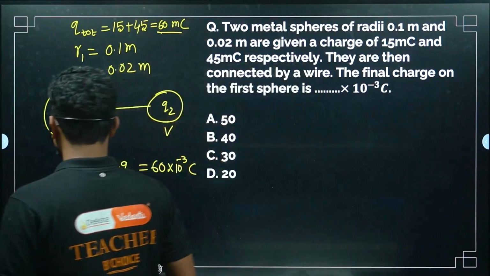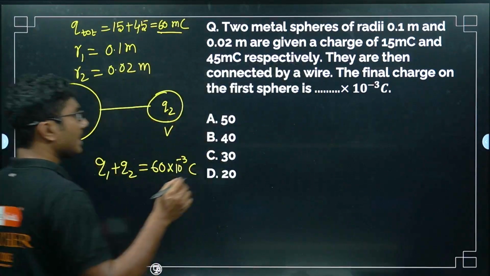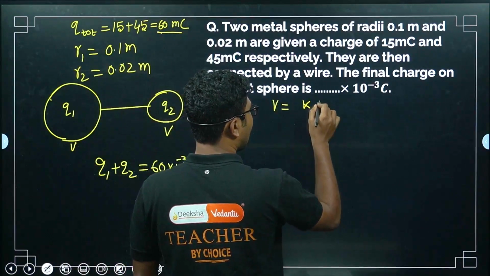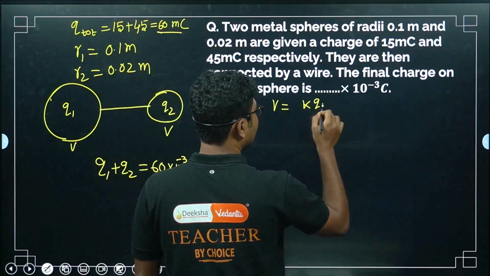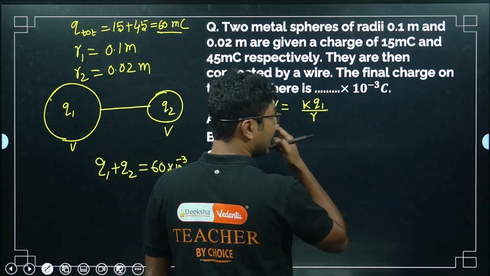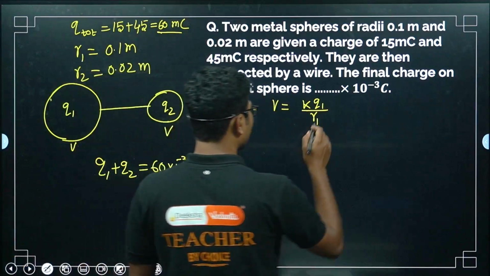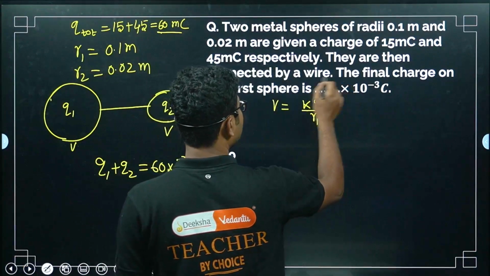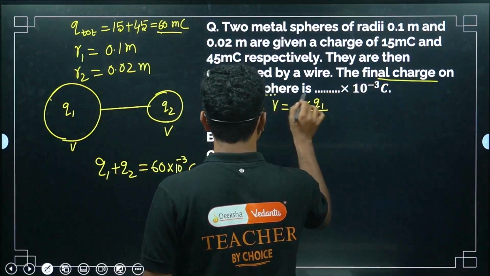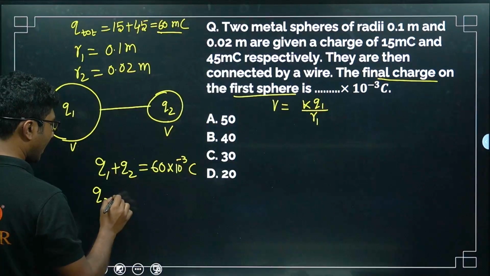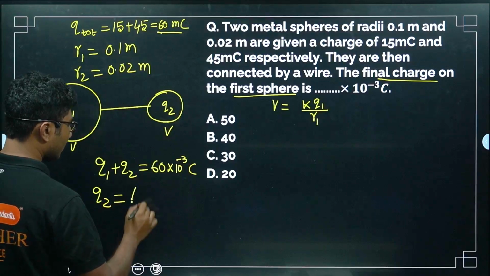Now what else? We know that the potential in the case of a sphere can be written as K times the charge enclosed in it divided by the radius, right? Now we have to find the final charge on the first sphere. That means we have to find Q1. So we will find Q2 in terms of Q1.